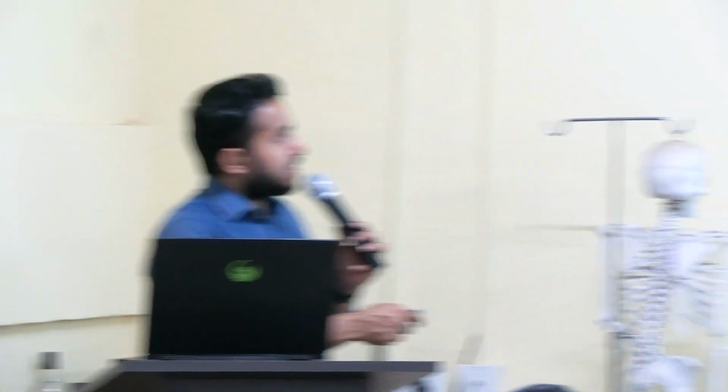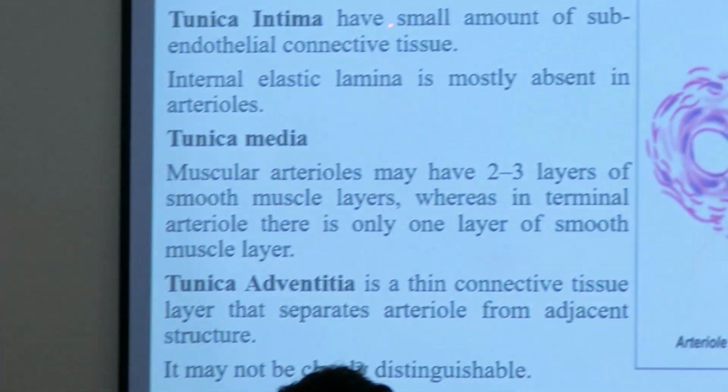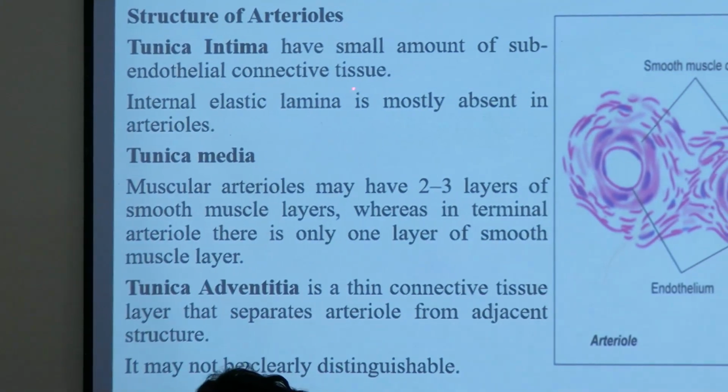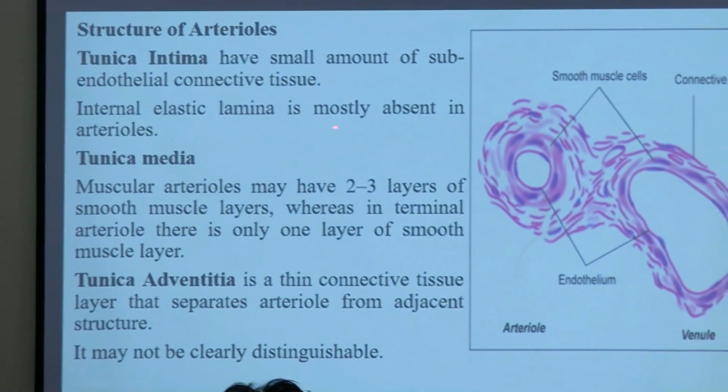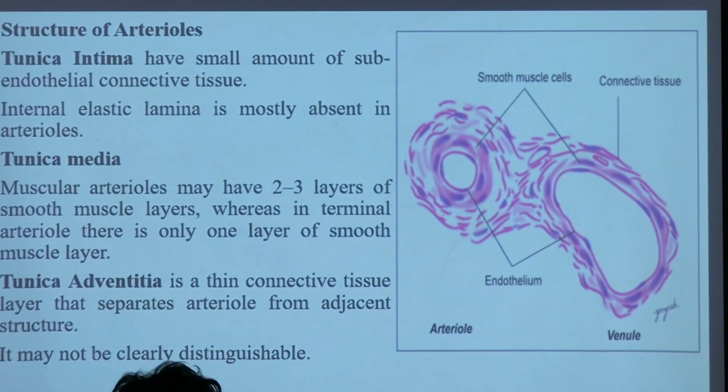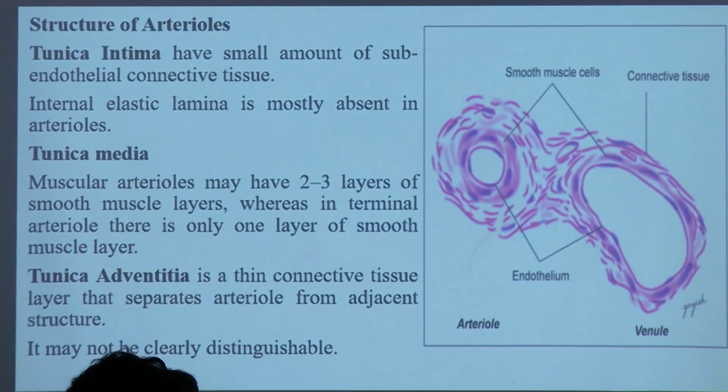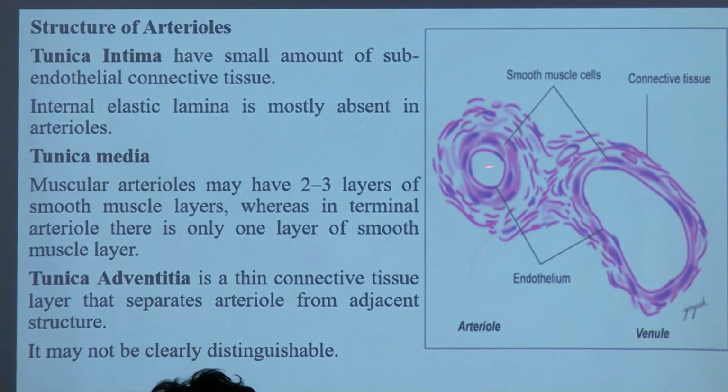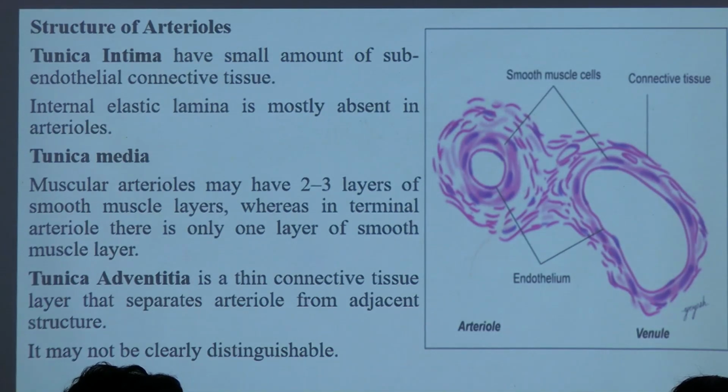Now, if you see the structure of the arterioles, the tunica intima has a small amount of subendothelial connective tissue, and the internal elastic lamina is absent. You cannot see the internal elastic lamina. Here you can see the diagram of the arteriole also. In case of muscular arteriole, 2 to 3 layers of smooth muscle are there, whereas in case of terminal arteriole, only 1 layer of smooth muscle cells is present. That is the difference.